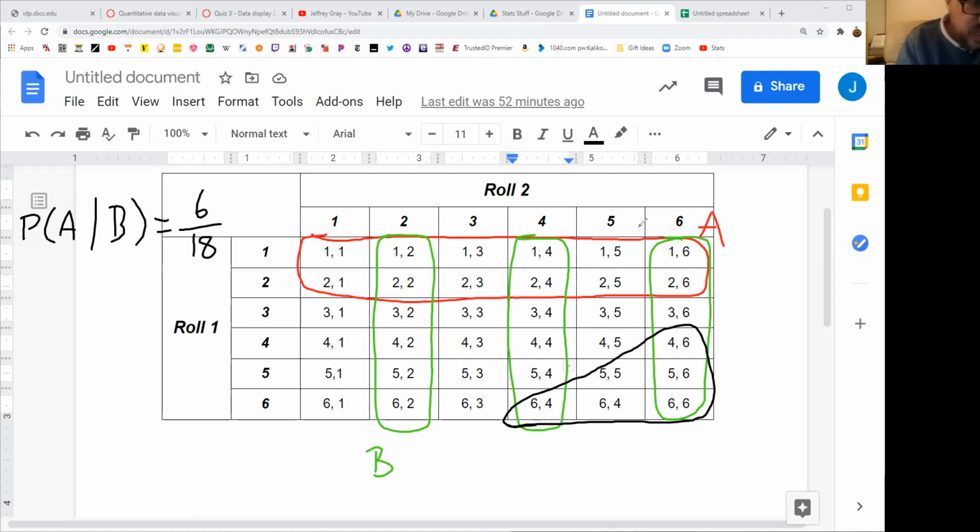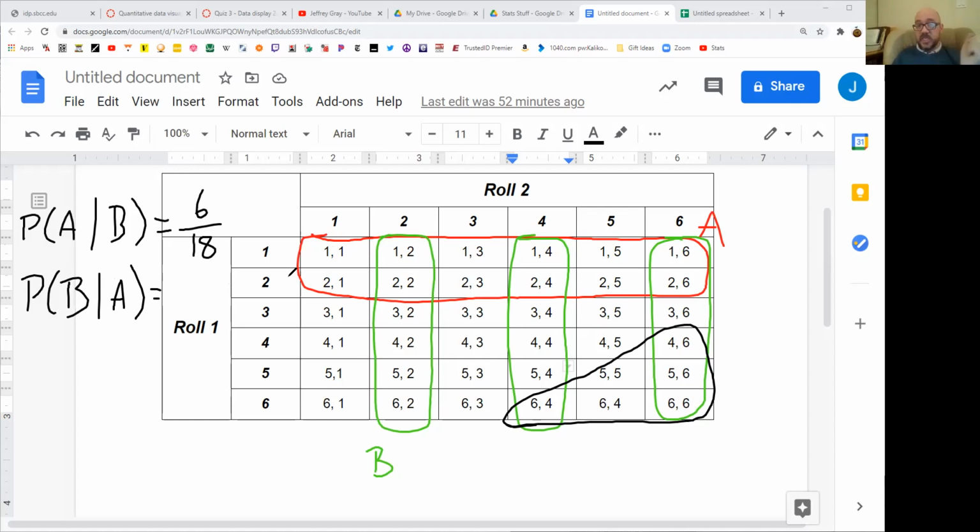The probability of B given A, even though the notation makes it look like those are probably the same because it's the same letters in there, it's not. Remember that A and B here don't play the same role in this probability statement. This is the probability of B given that we are looking only in event A. So within the 12 outcomes in A, how many of them are in B?